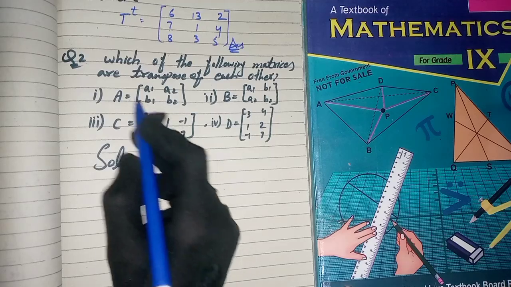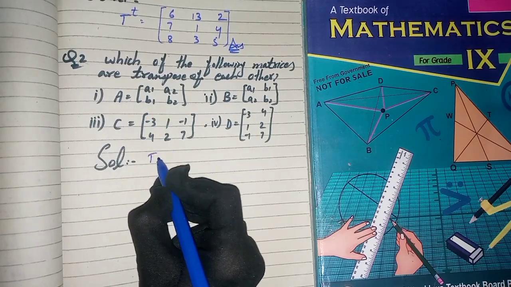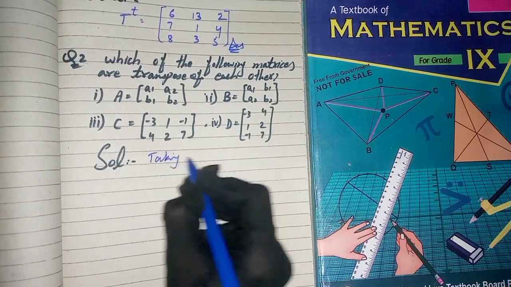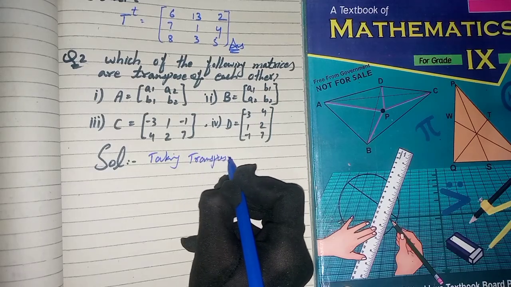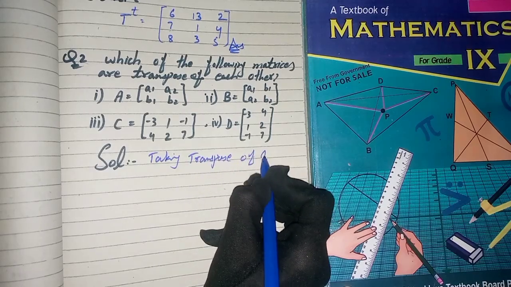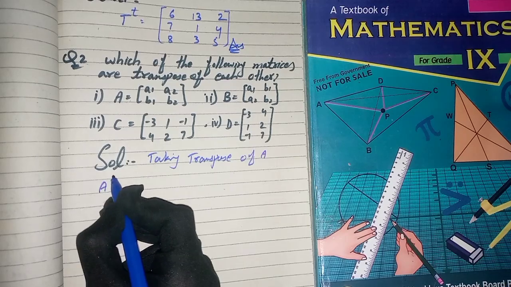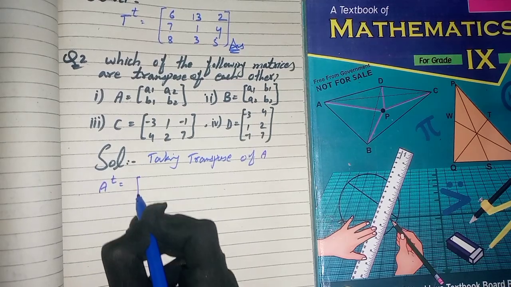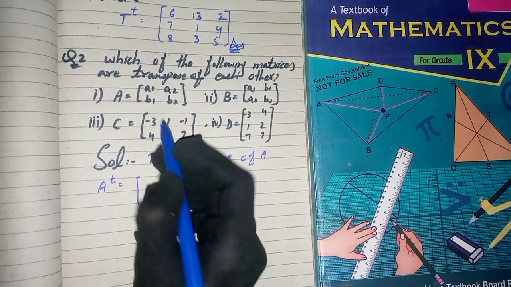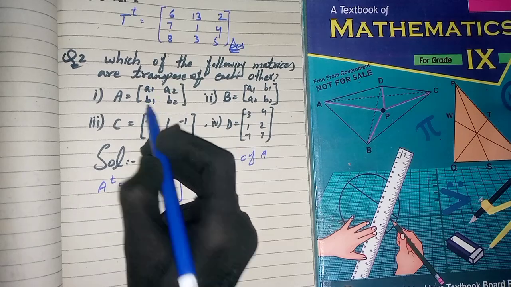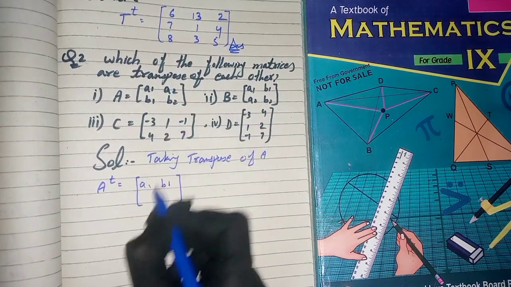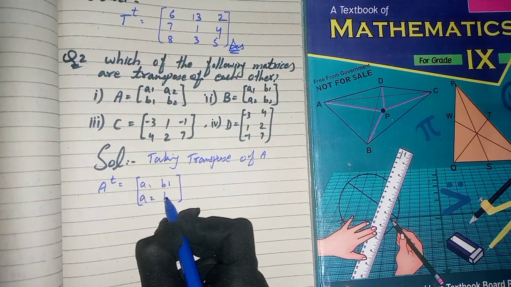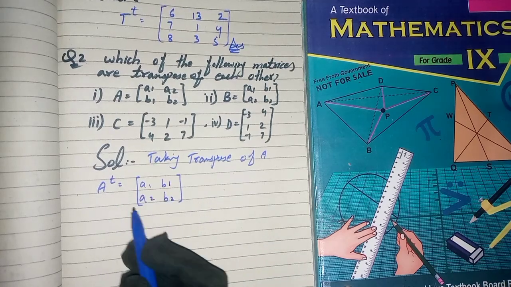Part A is A1, A2, B2. We take transpose of A. A transpose is equal to, we write column in row A1 B1, column in row A2 B2.